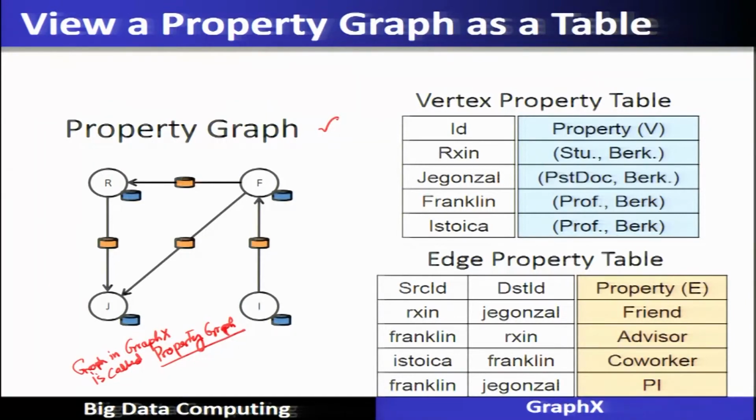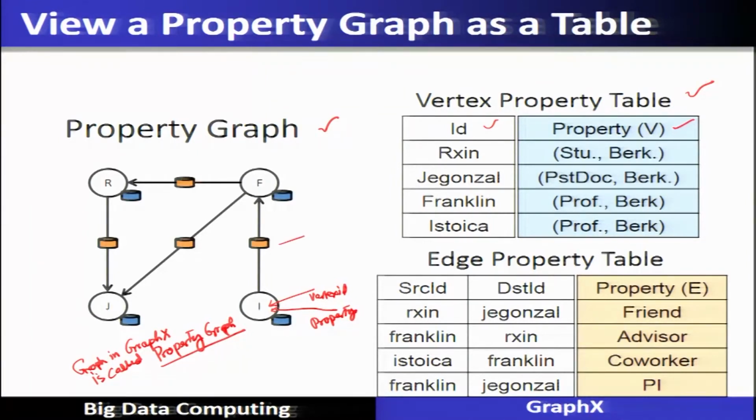A property graph has information such that every node has a vertex ID and also has properties. This particular vertex has two pieces of information, one is called the vertex ID, the other is called the property, and both of these are stored in a table which is called a vertex property table.